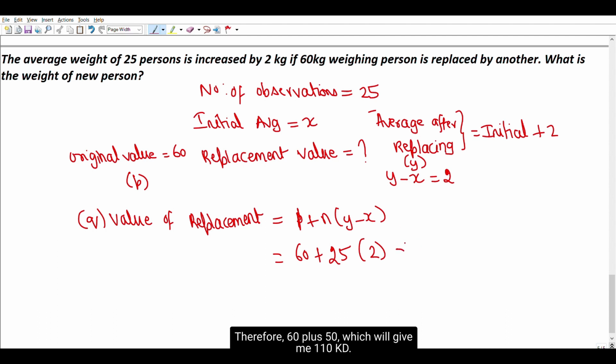Therefore, 60 plus 50, which will give me 110 kg. So, when a person who is weighing 60 kg gets replaced by another person who is weighing 110 kg, the average gets increased by 2.